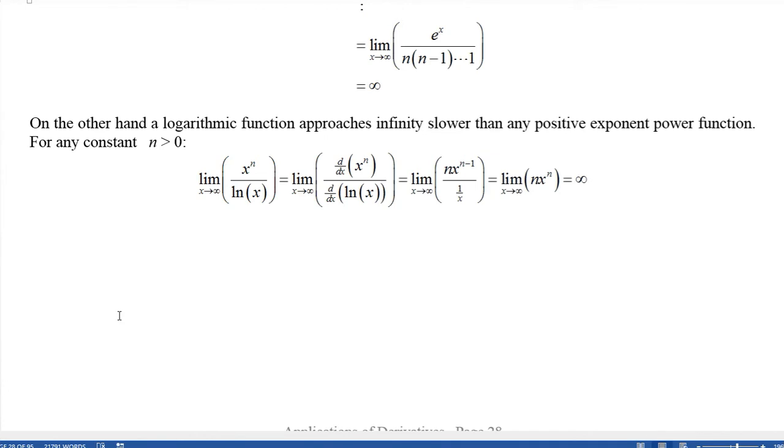On the other hand, a logarithmic function does approach infinity as x goes to infinity. It does not approach a horizontal asymptote, but it does so slower, eventually at least, than any power function or polynomial. So for example, a logarithm is going to grow slower than a square root function or a cube root function or a 100th root function for that matter.